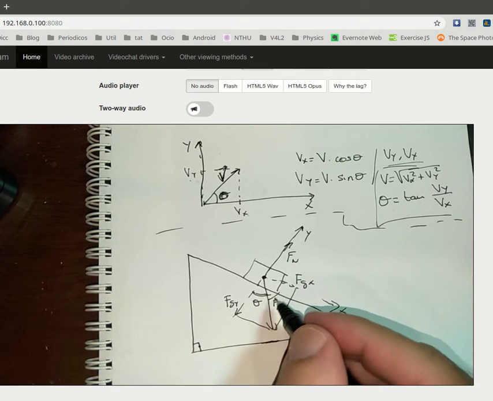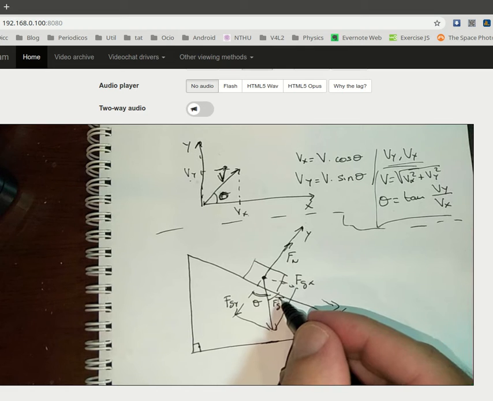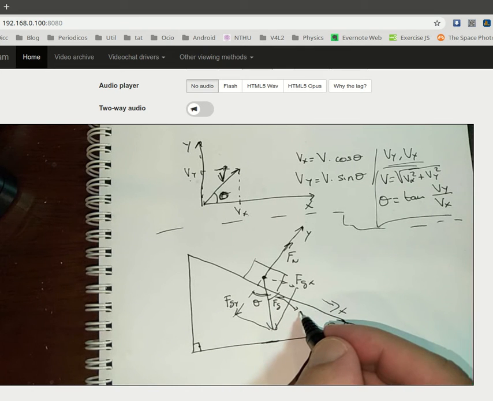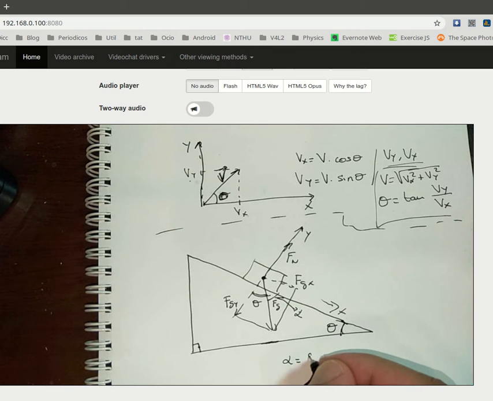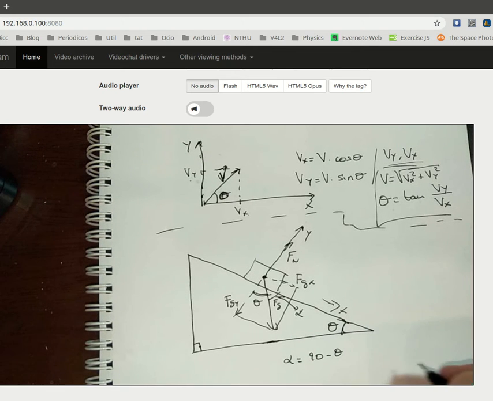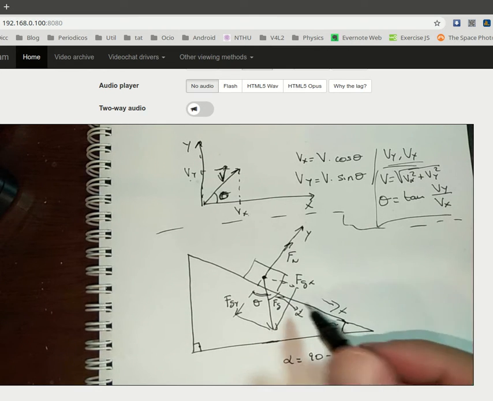Another way to see it is to compute this one, let's call it alpha, and you know that alpha is equal to 90 minus theta.